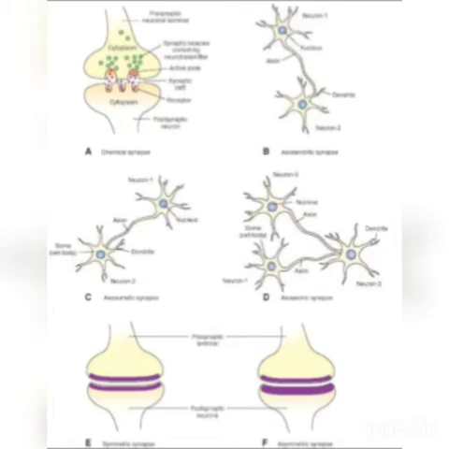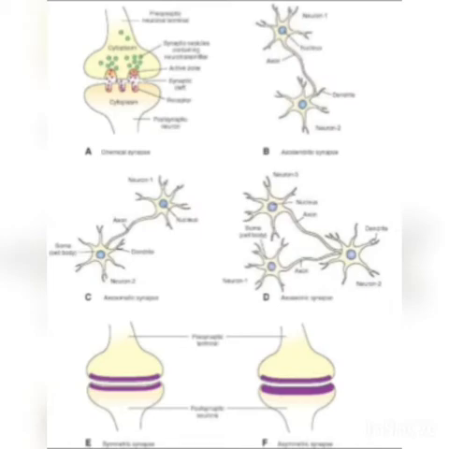And the third one is axoaxonic synapse, which is formed when an axon ends on the axon of another neuron. Means both the neurons, their axons, are coming in contact. Axoaxonic synapse. Okay.